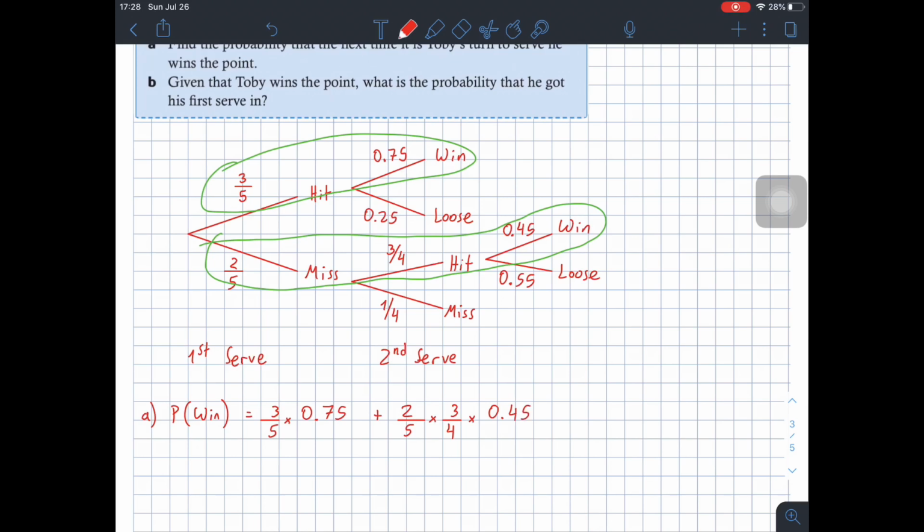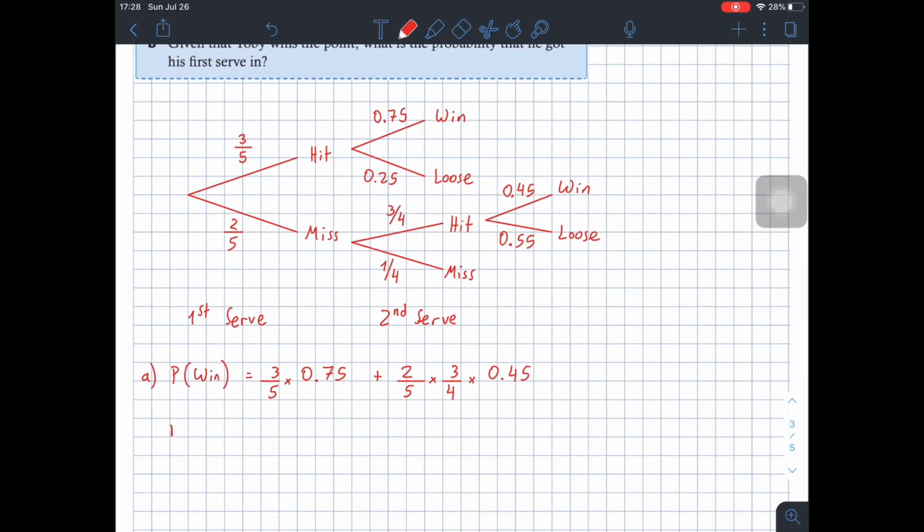Okay, so once we have done all of this, we need to solve for this. In this case, it's easier if we do it with a calculator. So the probability of win would be equal to 0.585. Okay, that's the probability of winning.